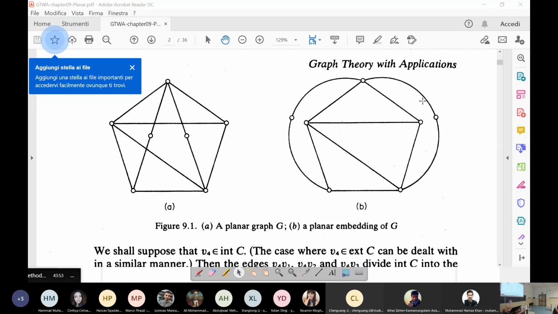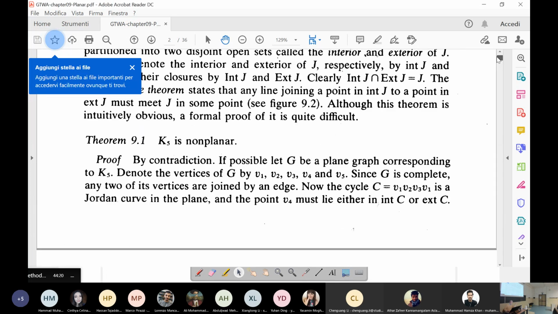Is it possible to do it on a plain piece, actually without bridges? That is important for printed circuits, okay? Or how many bridges do you need, such things. So there are situations in which you are interested in that possibility. So this chapter is entirely devoted to this problem.